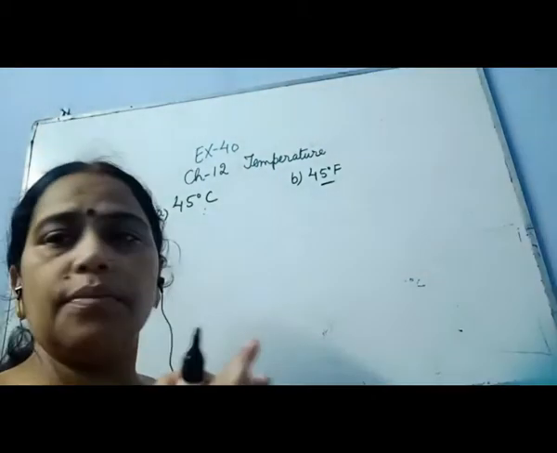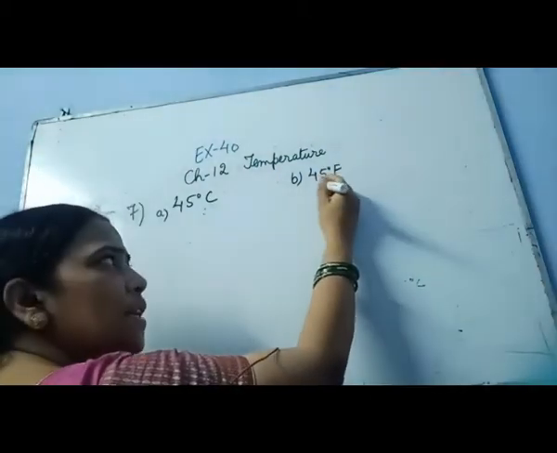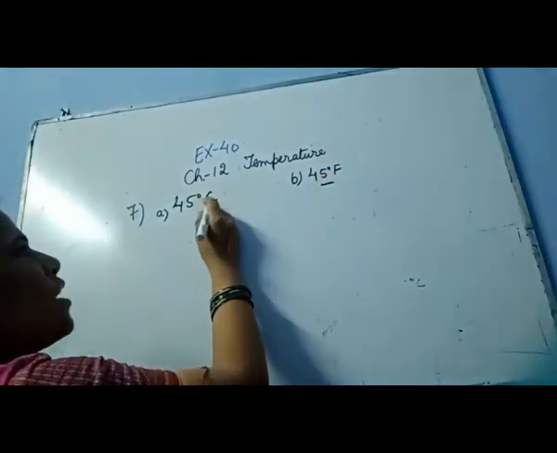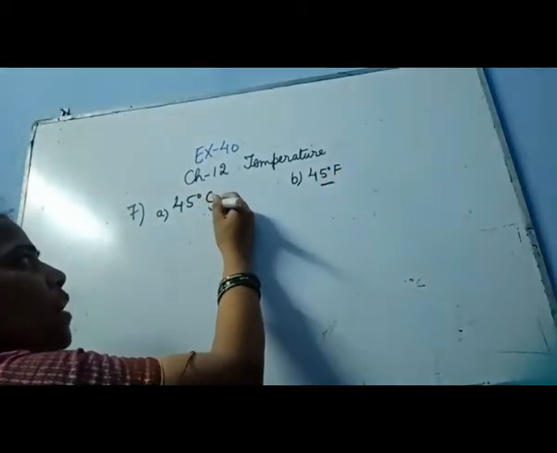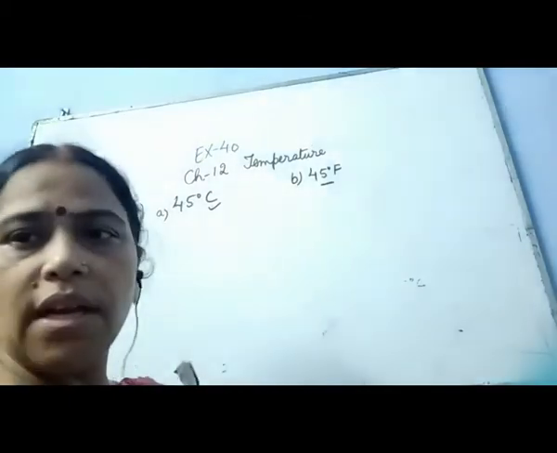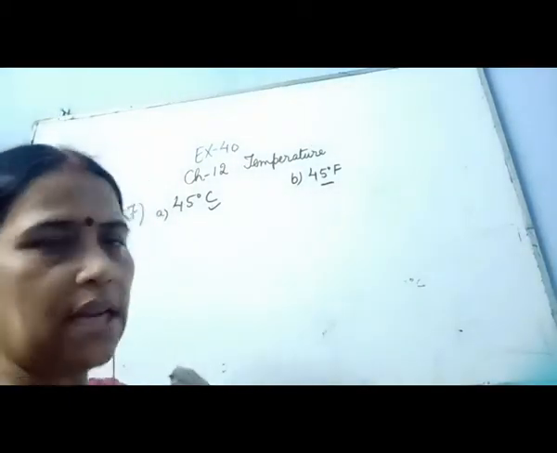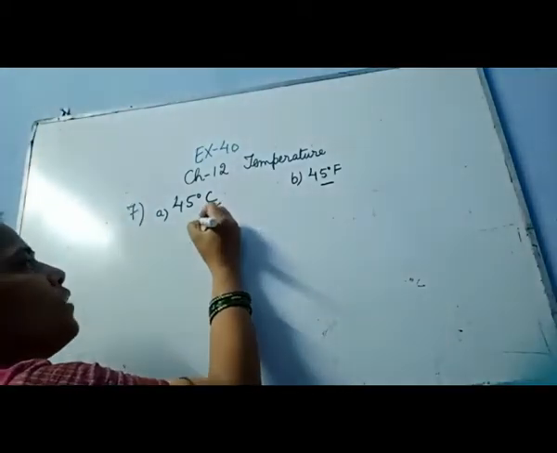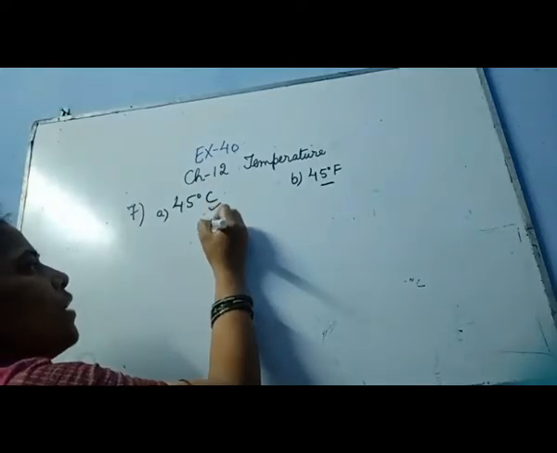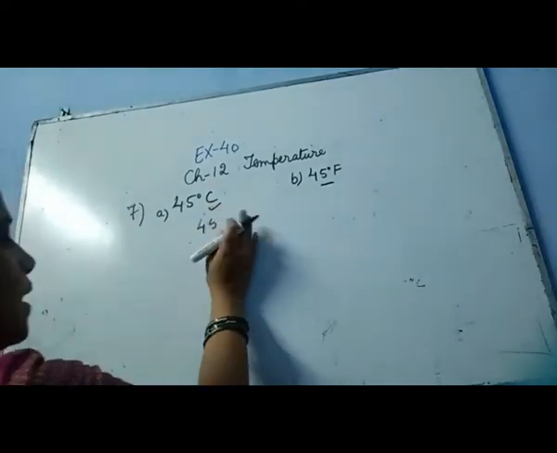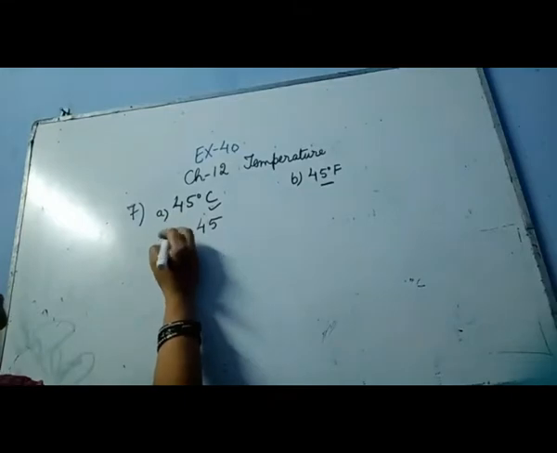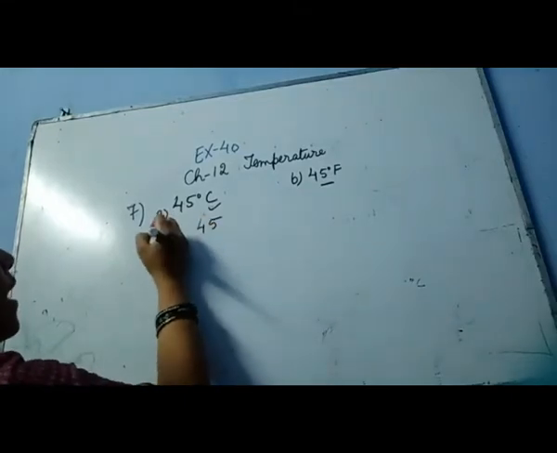So 45 degree Fahrenheit we will leave like this only, and this 45 degree Celsius we are going to convert into degree Fahrenheit. How to convert Celsius into Fahrenheit?